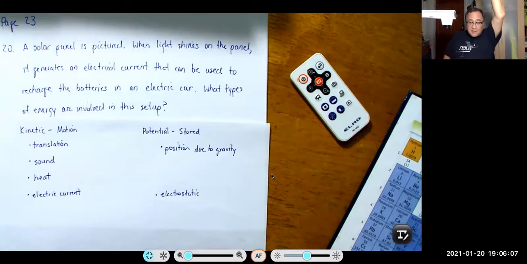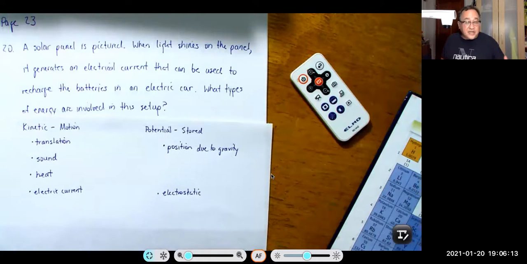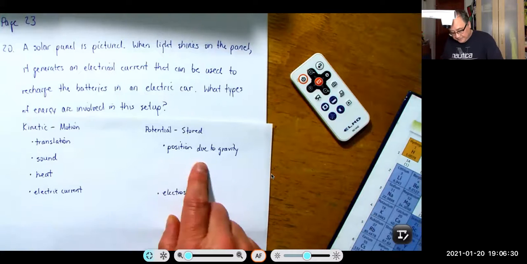And if I raise that mug even higher above my head, there's even more energy in it. It's got potential. And when you take that mug and you raise it, this is now kinetic energy. And when I stop it, it now has more potential energy. So you can turn kinetic into potential and potential into kinetic. So position due to gravity.